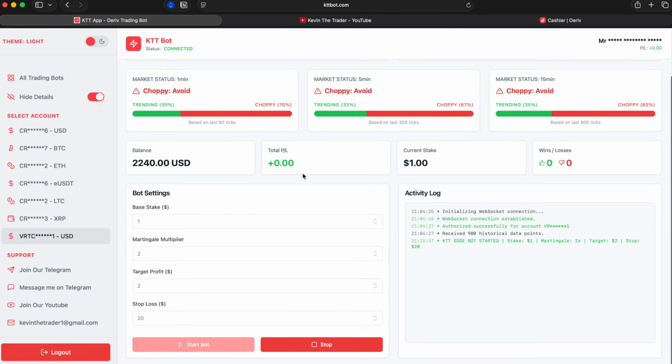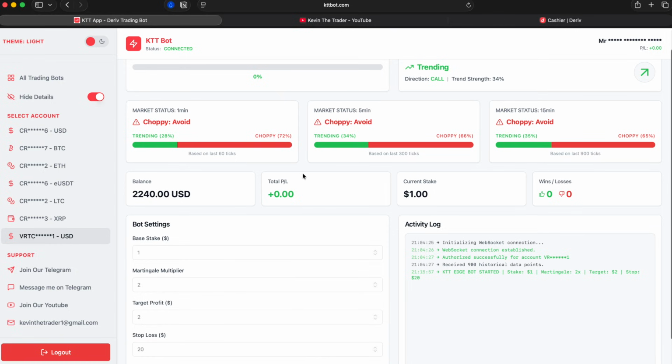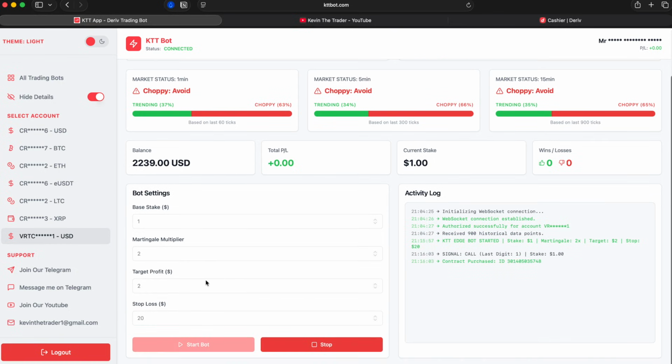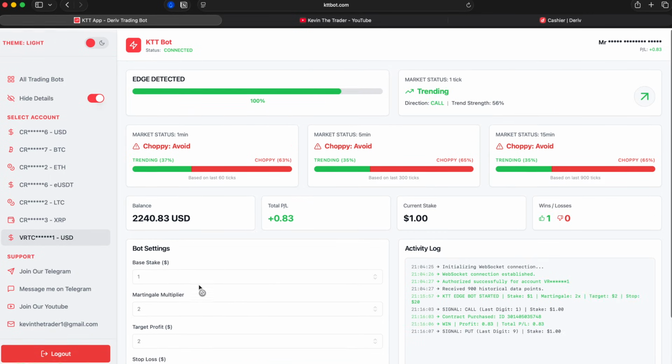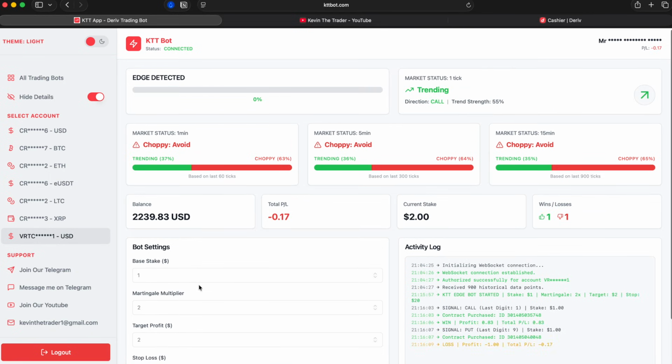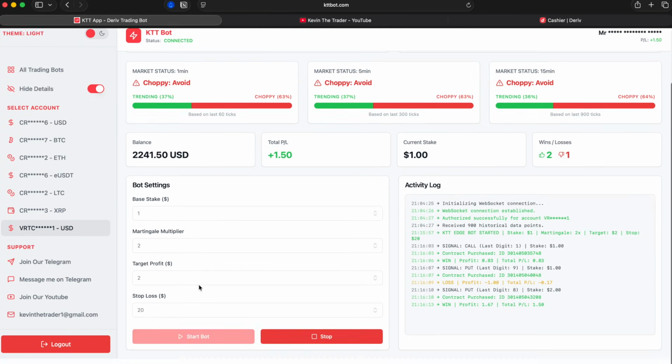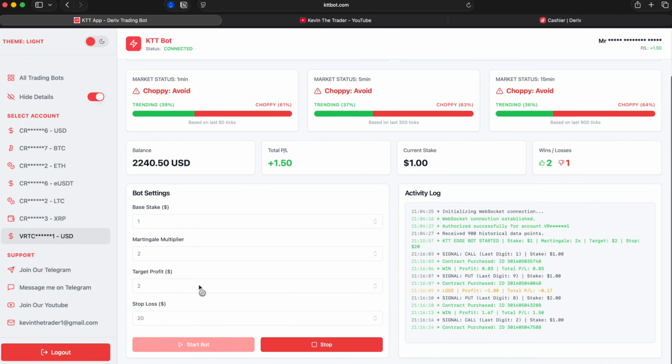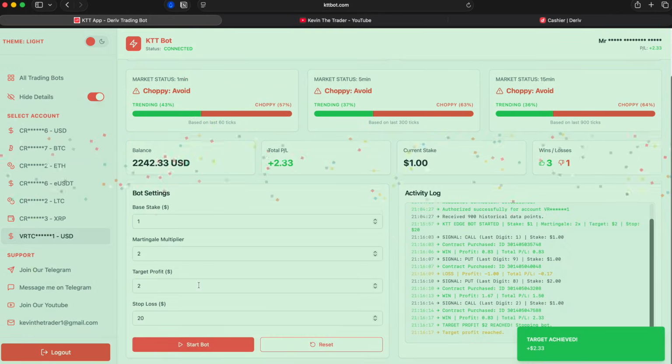As simple as that. So our target profit here is 2. That is a loss. Our target profit is reached. So as you can see, we have 3 wins and 1 loss.